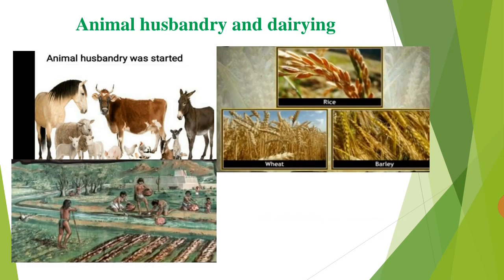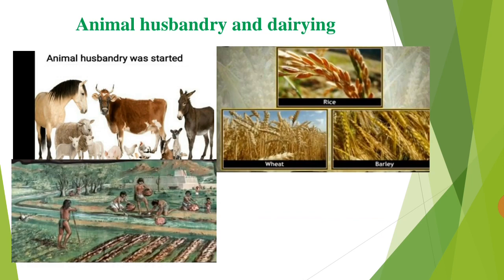Human, who was observing all this, started observing nature very keenly, and also the food habits of these animals and how these animals multiplied. Over a period of time, he started capturing some of these animals and brought them up. Like this, animal husbandry and dairying started.